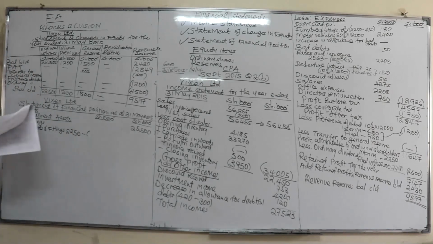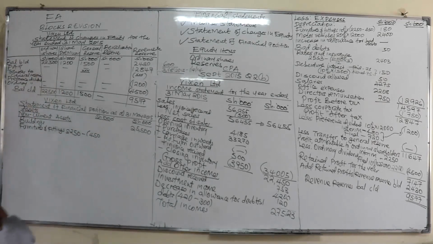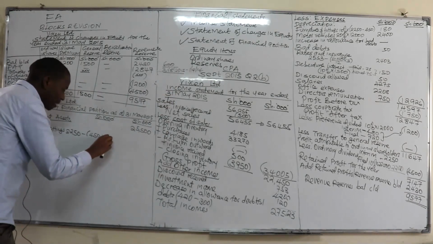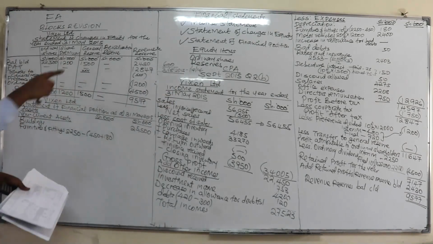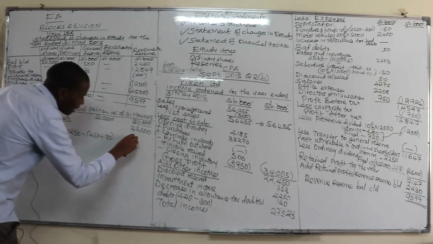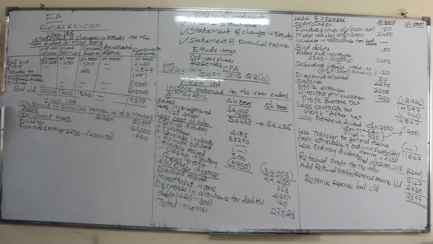So the accumulated depreciation for the furnitures and fitting was 450, and depreciation for the year was 180. It will be 450 plus 180, whereby in that case we take 2250 minus answer, which in that case it will be 1620.